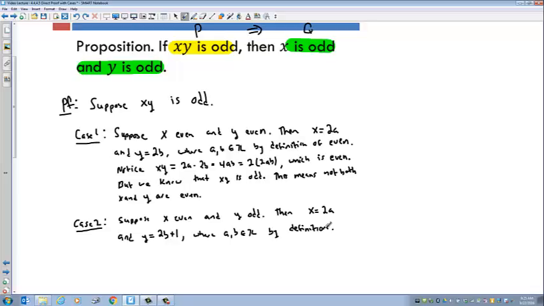All right, now what? Okay, so then you want to notice, right, notice what? If we take x times y, what do we get? We get 2a times (2b plus 1), which is equal to, let's just point this out, 2 times [a(2b plus 1)], and we'll put this in square brackets so that makes it real clear.